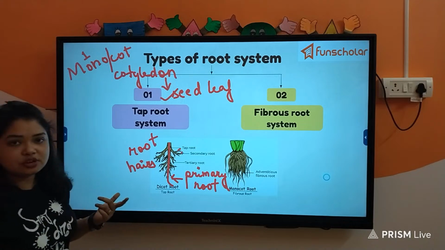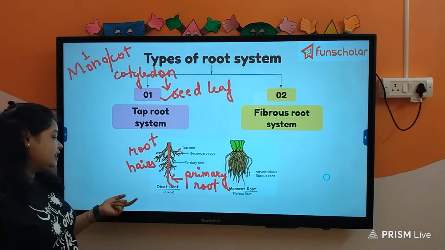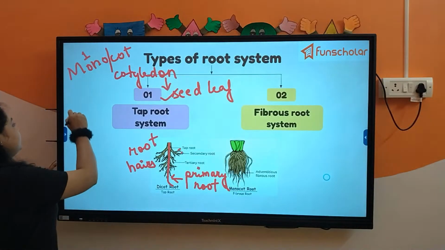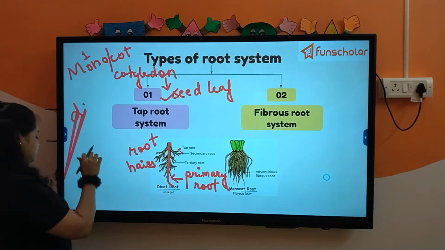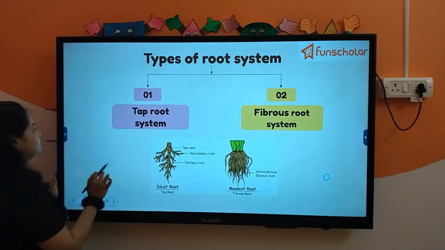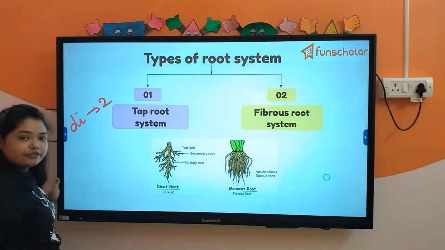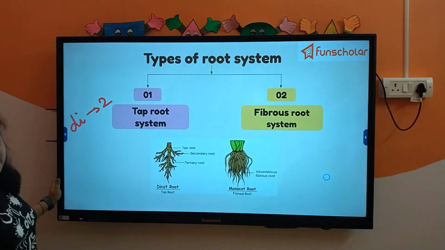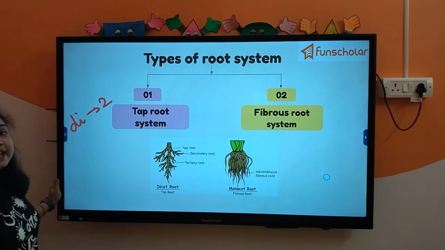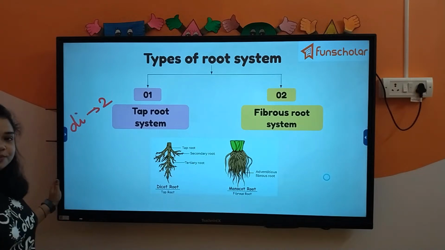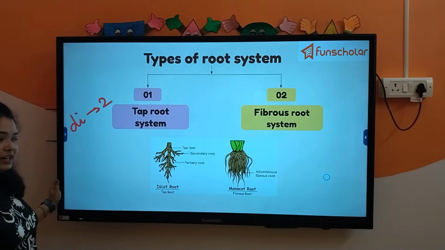And similarly, on the other hand, in the dicots, di means two. So therefore you can understand the plants which will contain the food reserve for the growing embryo in both the seed leaves, those plants are called as dicot plants.